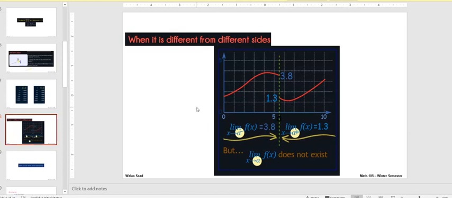Let's consider a different behavior. This is another function at x equal 5 here. If we approach 5 from the left side, for example 4.5, 4.6, 4.7, we will find that the function is approaching a value which is 3.8.